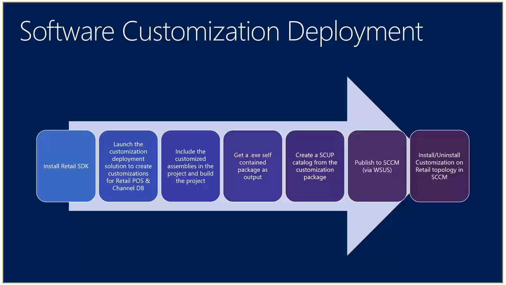You add links to these customizations in the right locations, and after all said and done, you basically build the solution, from which you get a customized package in the form of an exe file.